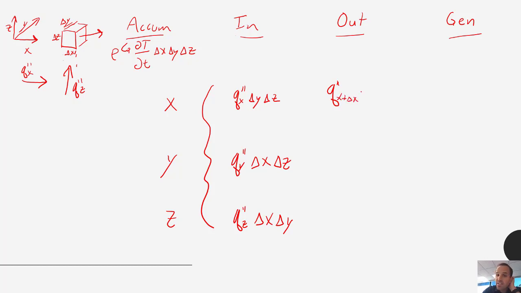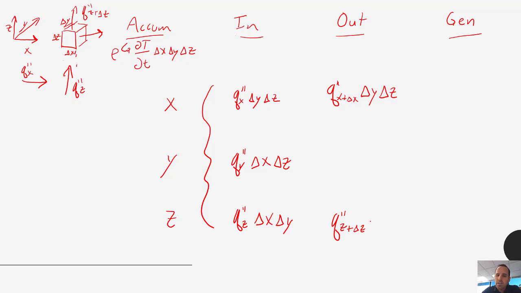But it is going to have the same cross-sectional area that it encounters of delta y and delta z. Similarly for the z here, energy is going to be leaving the top at a rate of q double prime z at z plus delta z. So this just means we're evaluating our flux at that particular coordinate, z plus delta z.